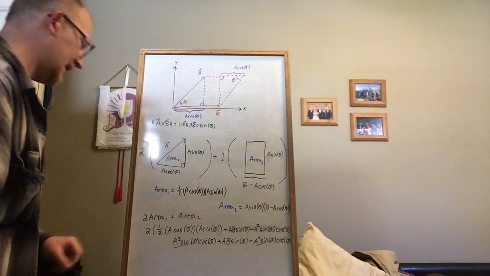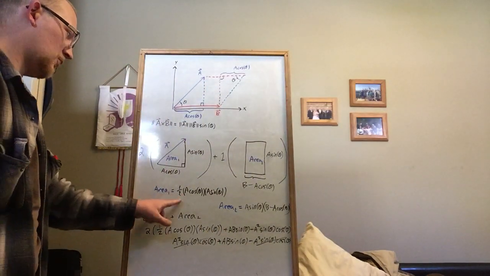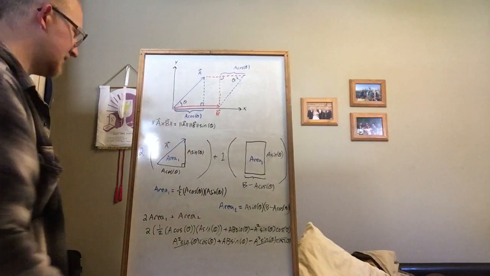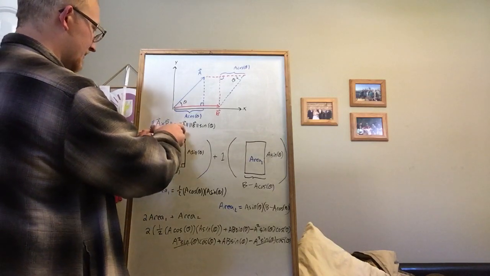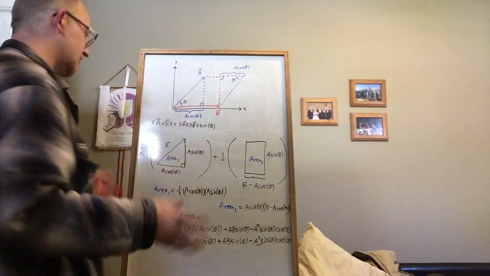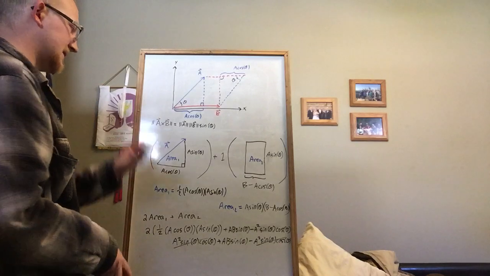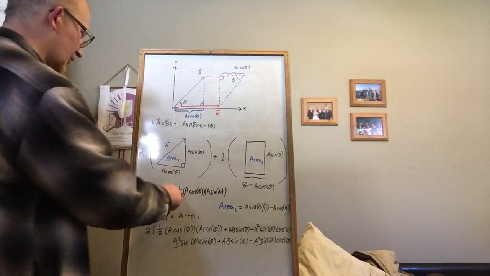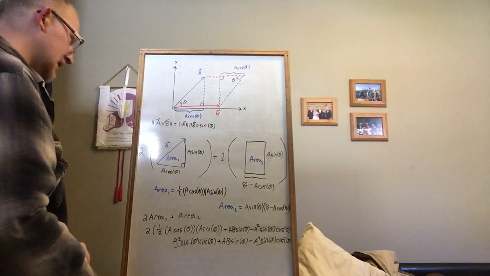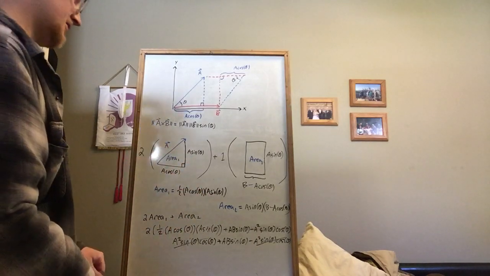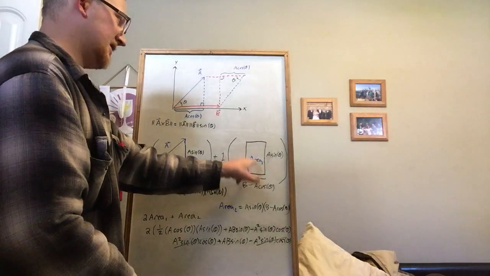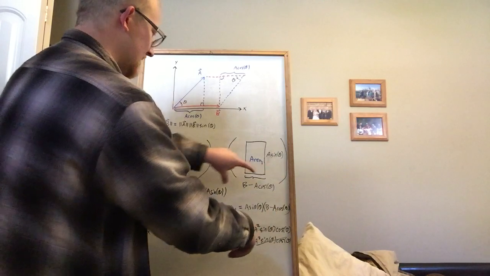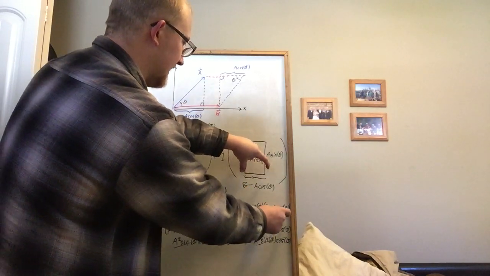So area 1, the area of one of the triangles, is 1/2 times base times height, because this is 1/2 of a rectangle, and a rectangle's area is length times width. The area of this rectangle is A sine theta, this side length, times B minus A cosine theta in brackets.